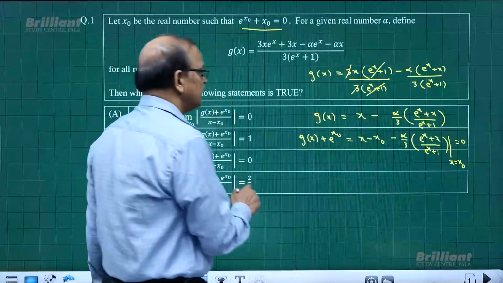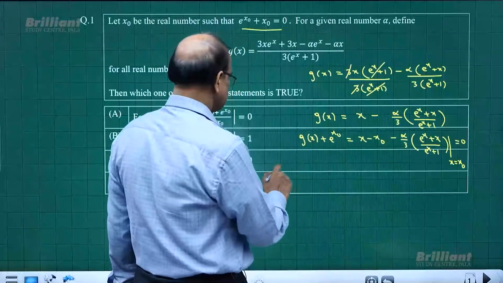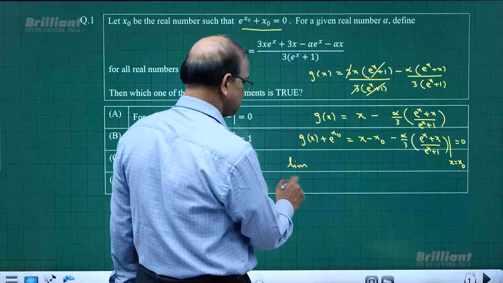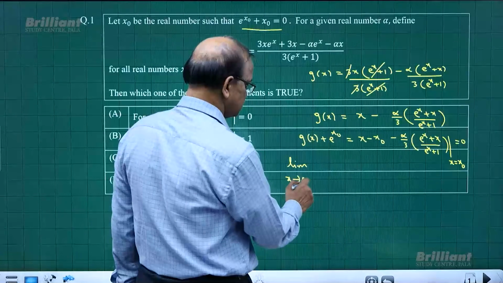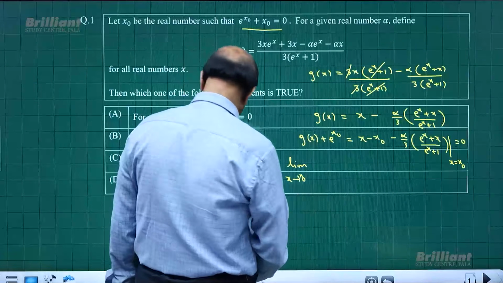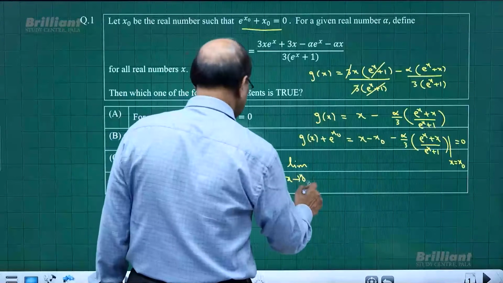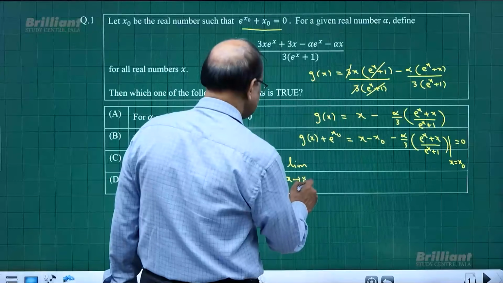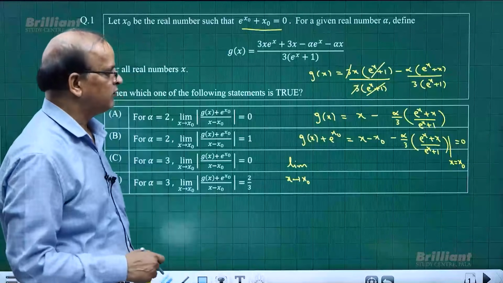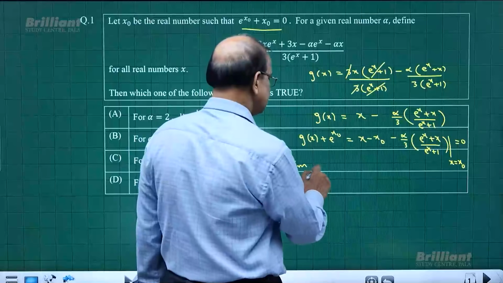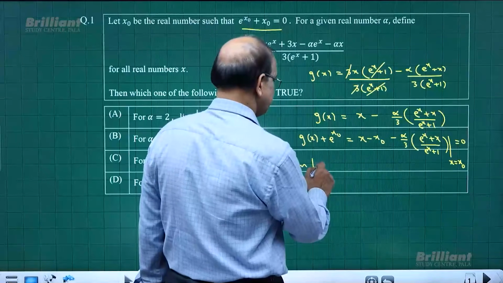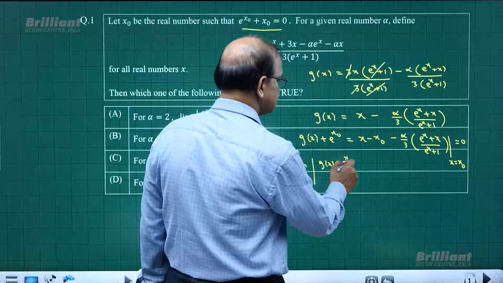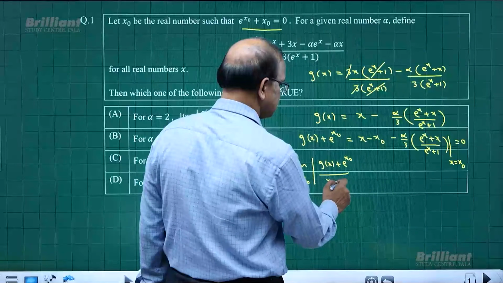So now we can write the limit as x tends to x naught. I am finding the alpha value, instead of searching every option. That is the modulus of g of x plus e power x naught by x minus x naught.